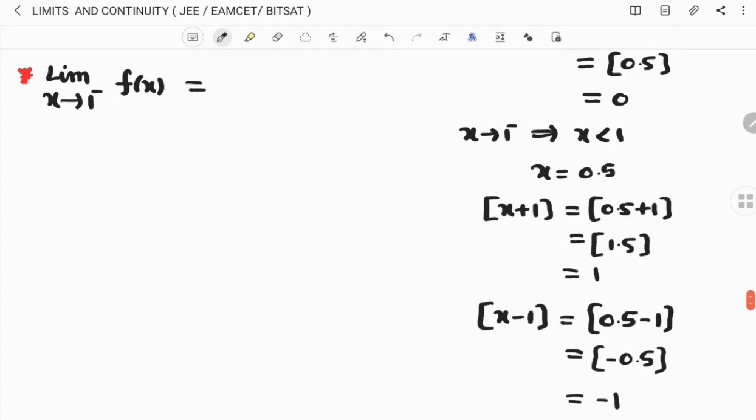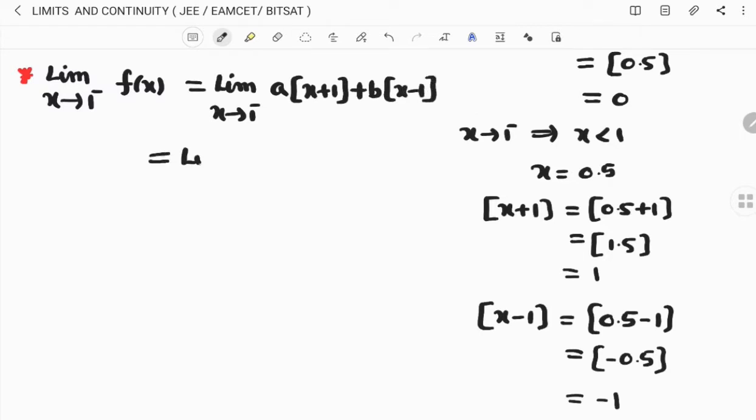So for x tends to 1 minus f of x, first write the function: limit x tends to 1 minus a into step of x plus 1 plus b into step of x minus 1. So which is equal to limit, no need to write again, a into, when x tends to 1 minus the step of x plus 1 value is 1, plus b into step of x minus 1 value is minus 1.